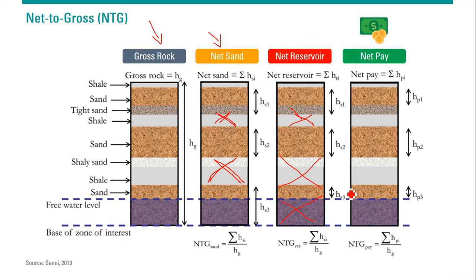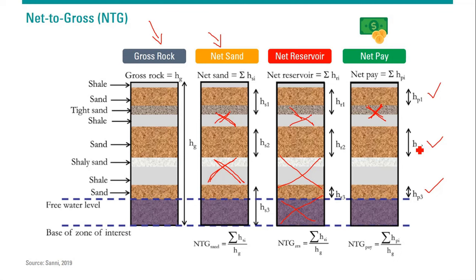And we will cut again, we will cut further. We will cut this zone, tight sand, ya. Sand dengan low permeability will be cut so that we have net pay 1, net pay 2, net pay 3. So if you combine net pay 1, 2, 3, you have total net pay.